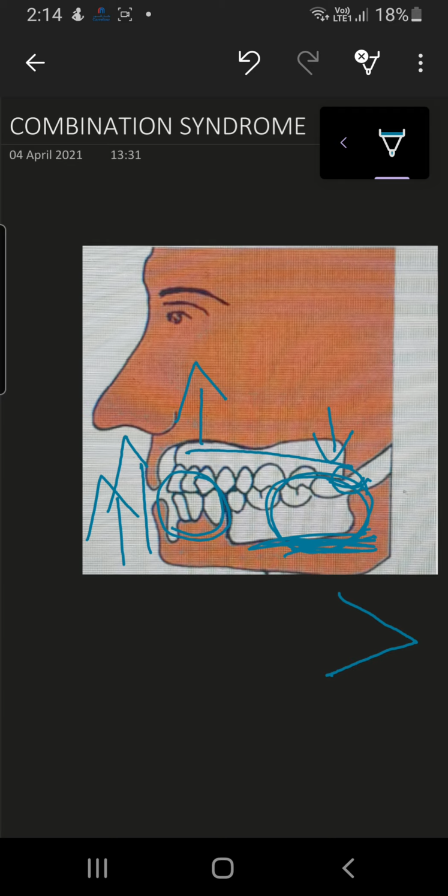And finally, the super eruption of the lower anterior teeth will cause even more resorption on the anterior portion of the maxilla, more resorption, and it's just such a vicious cycle, and it goes all around. So it all starts with the load starting from the lower anterior teeth.